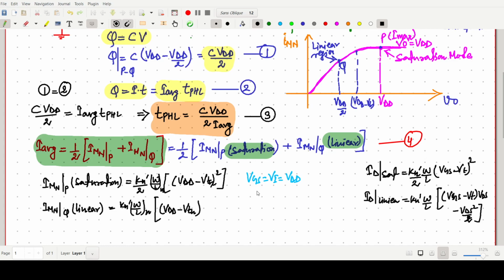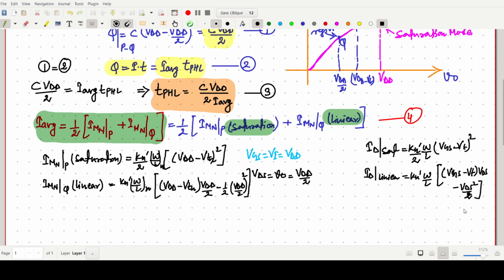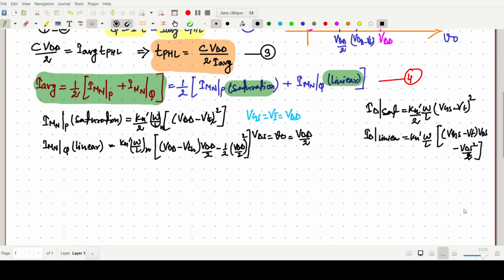Then VDS is nothing but simply our output voltage, which should be VDD by 2. So we have to write VDD by 2 minus VDS square by 2, so we can write 1 by 2 (VDD by 2) whole square. Is it okay? Very simple calculation.